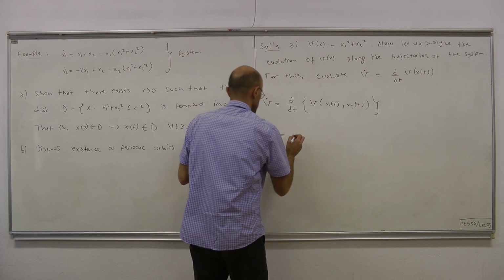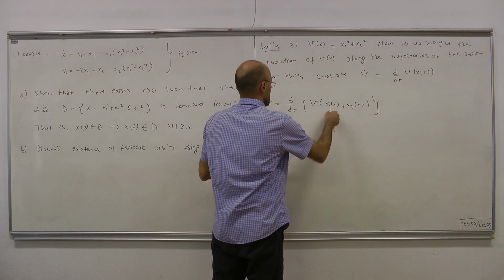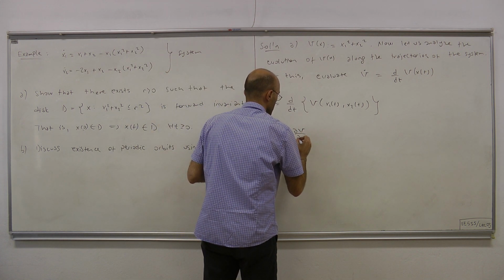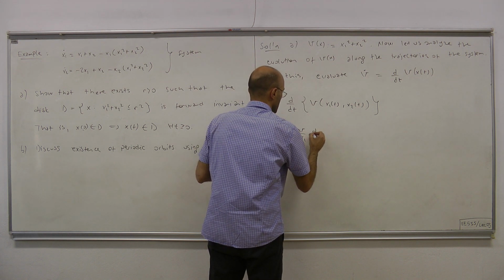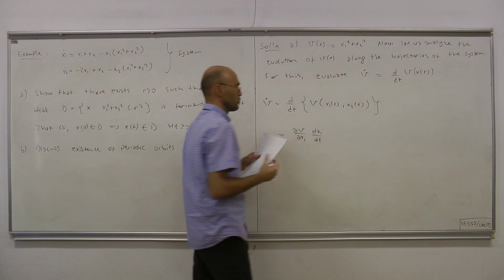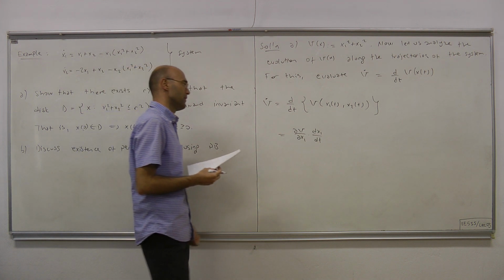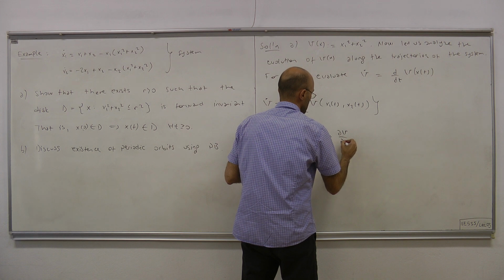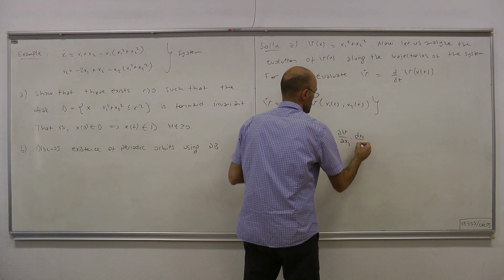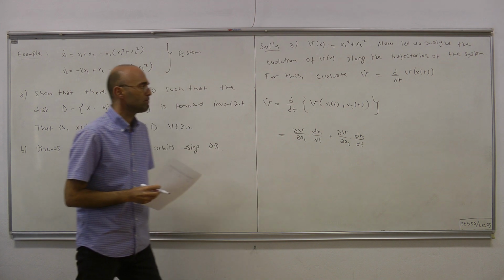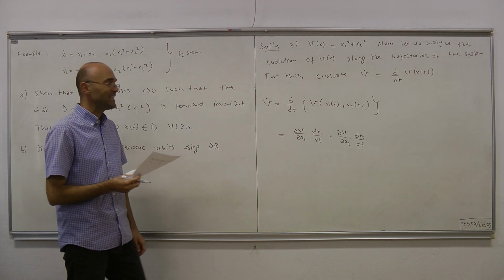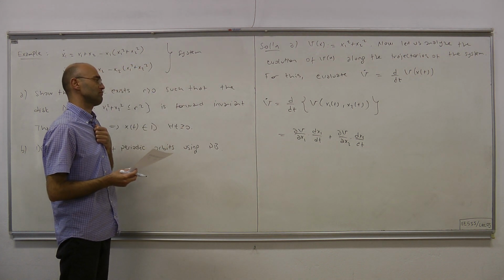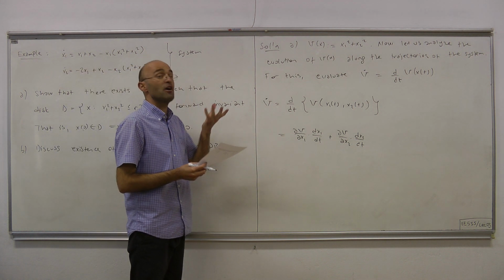Okay, so this equals what? To compute that time derivative, you take the partial with respect to x1 and multiply by x1 dot, and you do the same thing for the other argument, partial V partial x2 times dx2/dt. Note that this is no other than the inner product of two meaningful functions.